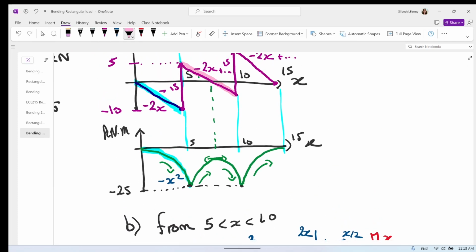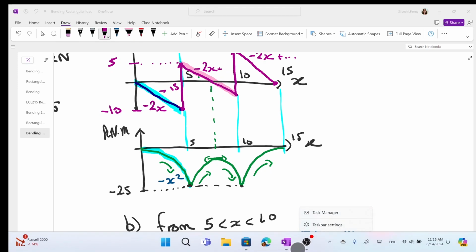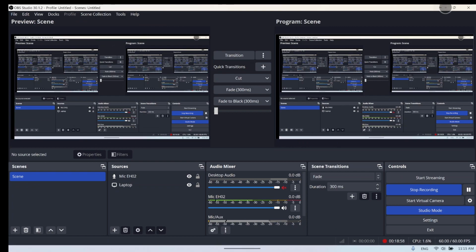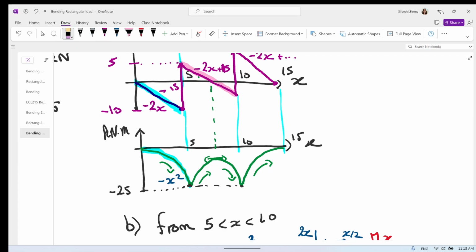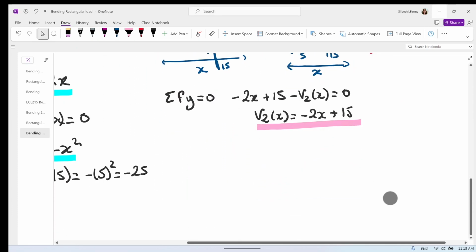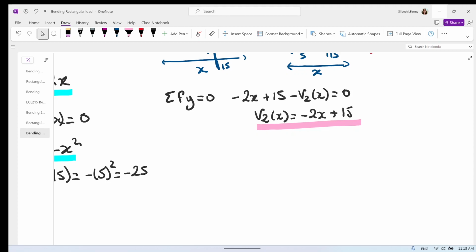So now we know that here it's plus 15. Oh no, I hate that when I do that. Okay, plus 15. So now we know that this equation is plus 15 there. Oops, let me check my value. Here we go.